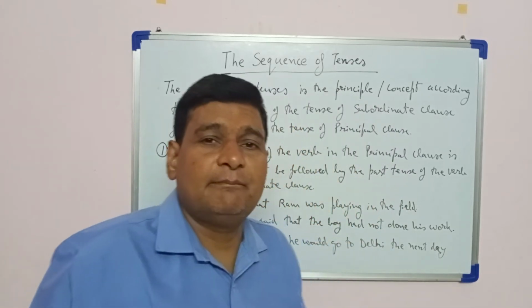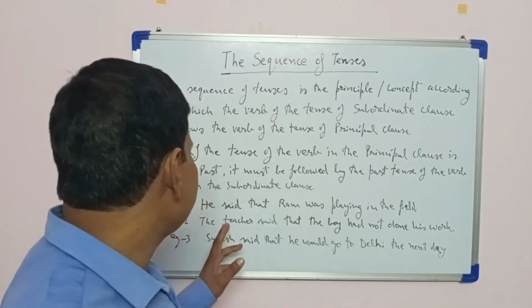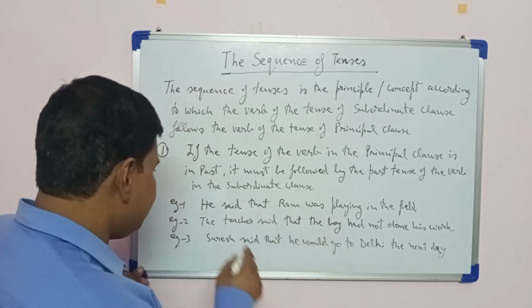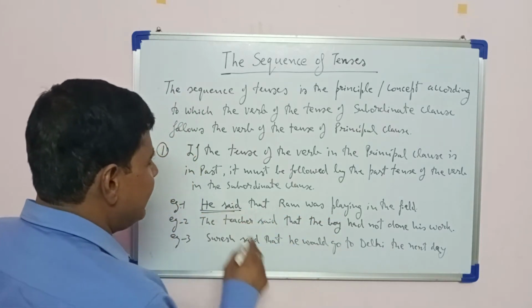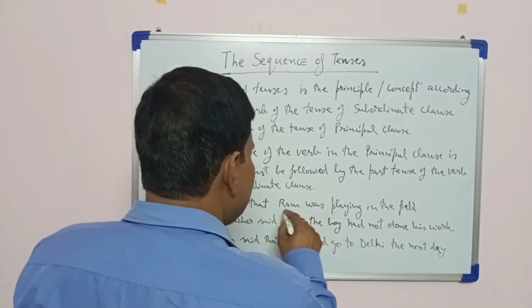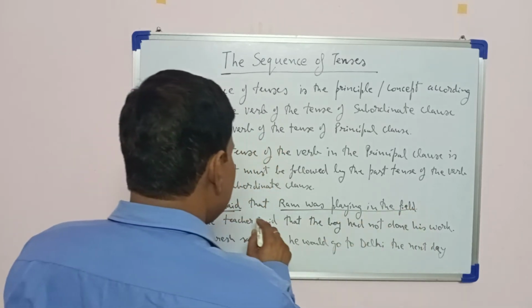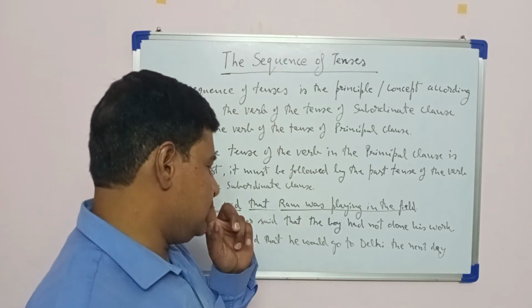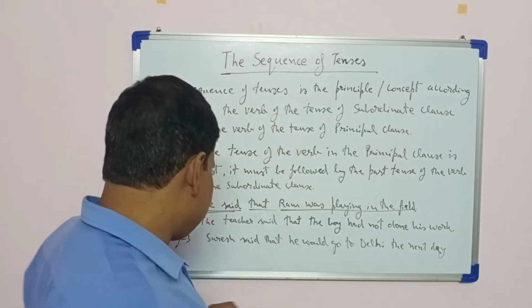So through these examples you can easily understand. He said that Ram was playing in the field. Here 'he said' is the principal clause. 'That Ram was playing in the field' is the subordinate clause which is introduced by the conjunction 'that'.